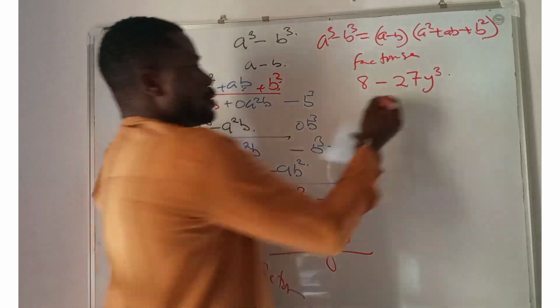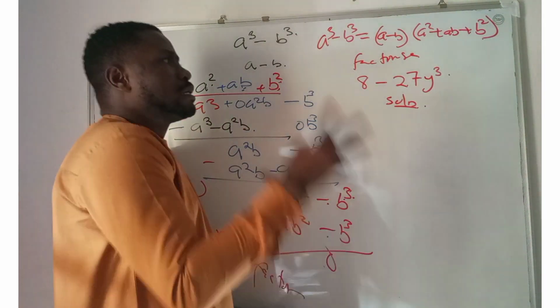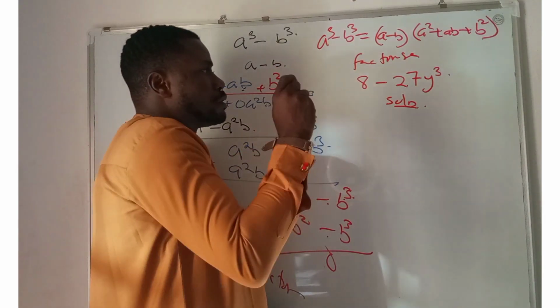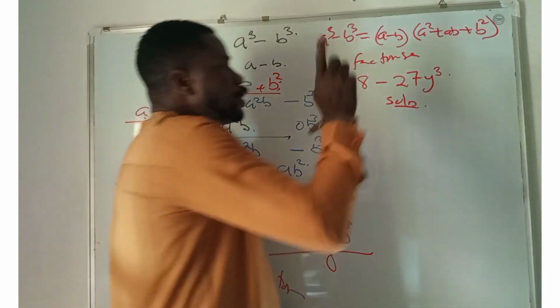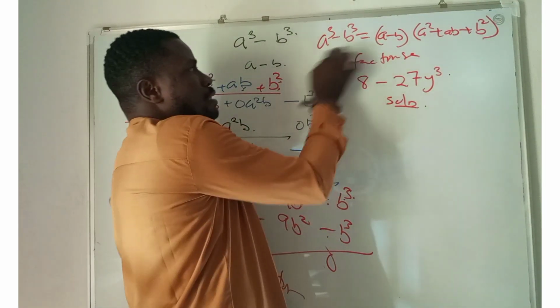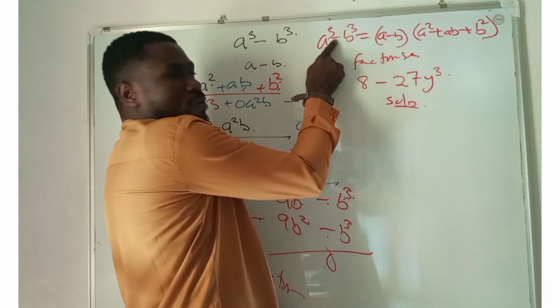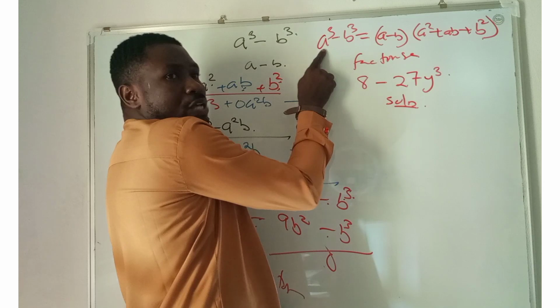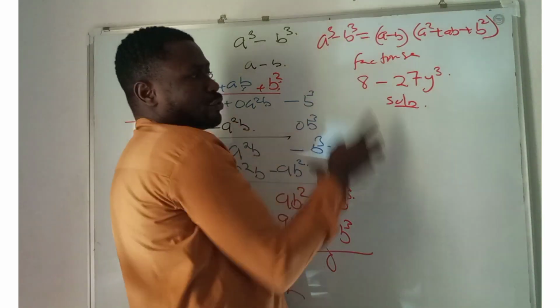Now, solution. For you to apply difference of two cubes, it means that before the minus sign, you expect power 3. Like this is a difference of two cubes. Before the minus sign, there was a base raised to power 3. After the minus sign, there is a base raised to power 3.